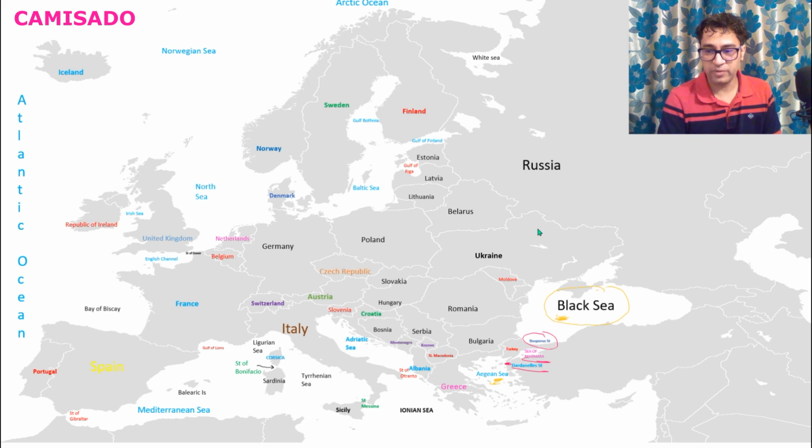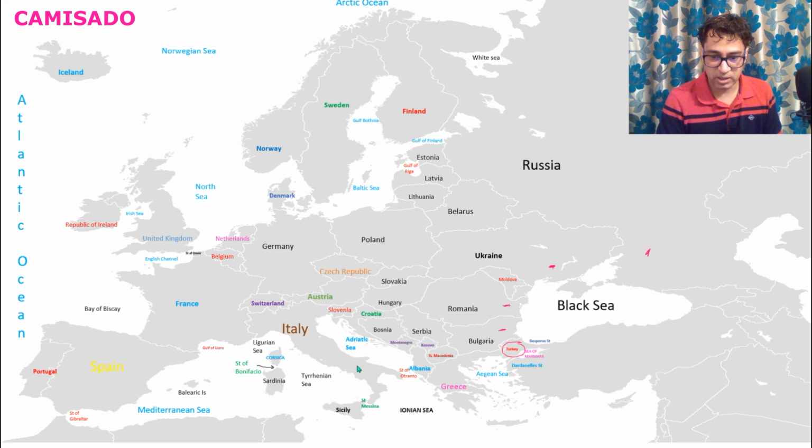And let us also look at the European countries that touch the Black Sea. So Russia touches the Black Sea, Ukraine touches the Black Sea, Romania touches the Black Sea, Bulgaria touches the Black Sea, and very important, the European part of Turkey also touches the Black Sea. So Turkey lies both in Europe as well as Asia.